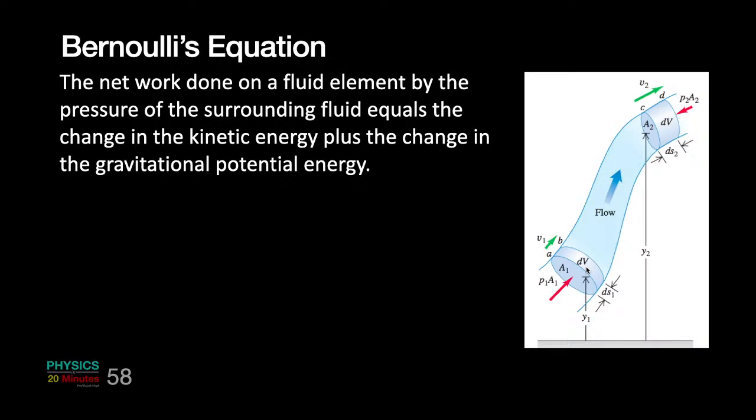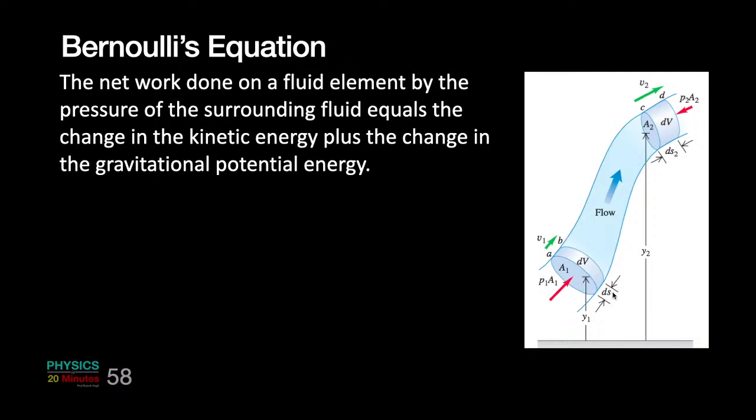Then this element is at a height y1 from the reference point. This element is at a height y2 from the reference point. So as the element moves from this position to this position, you can see that it gains height from y1 to y2.